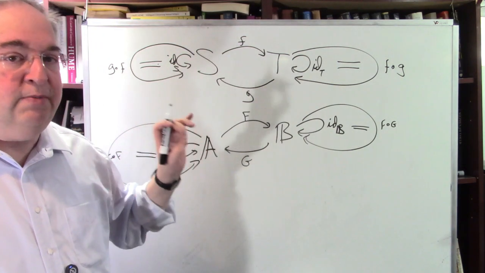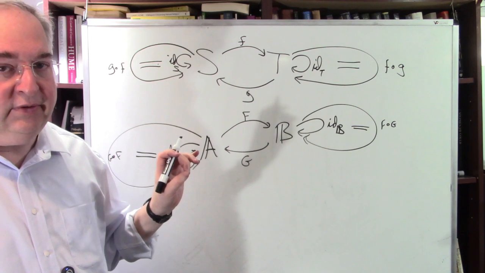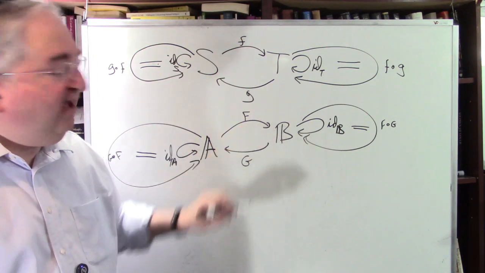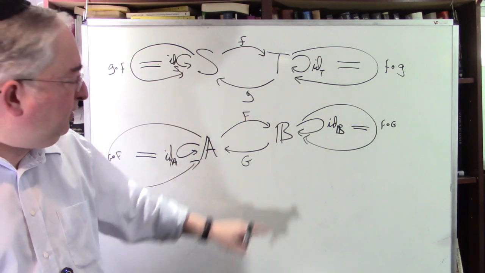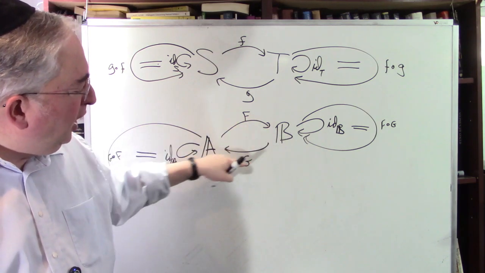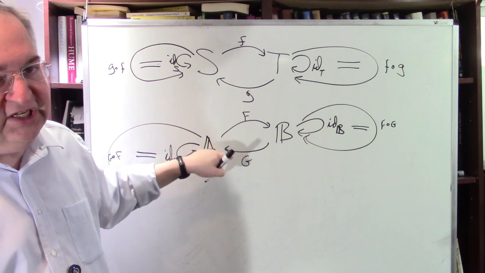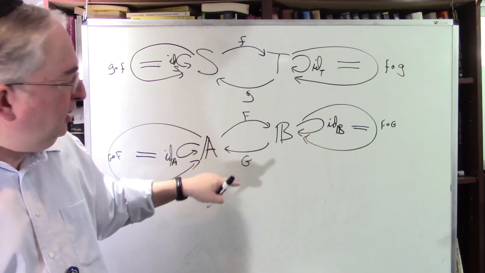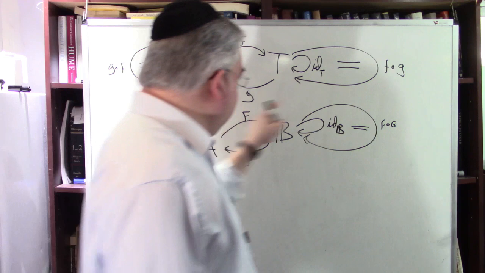So now we have the concept of an isomorphism of categories. What does it mean that F is a functor that's an isomorphism of categories? It means whatever F does, you can undo it with G. There exists a way of undoing it. And what does it mean with these compositions?